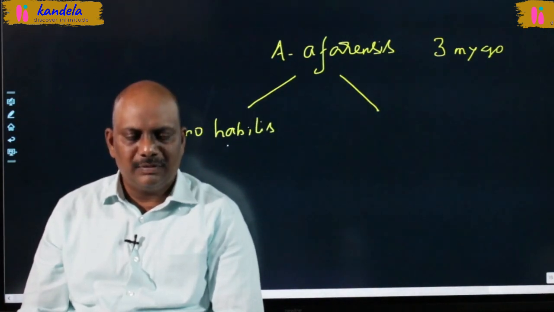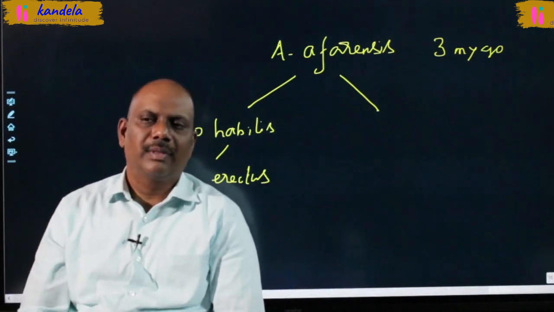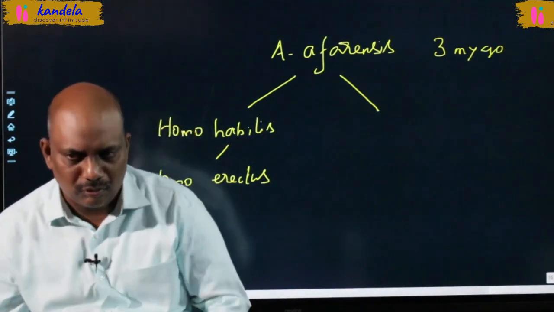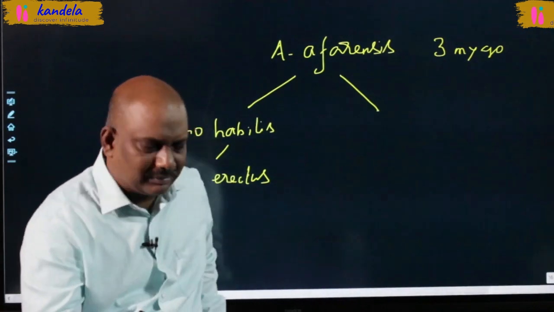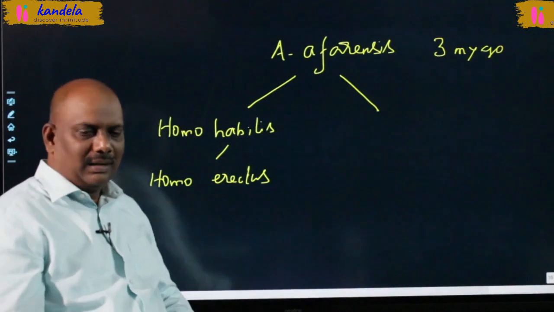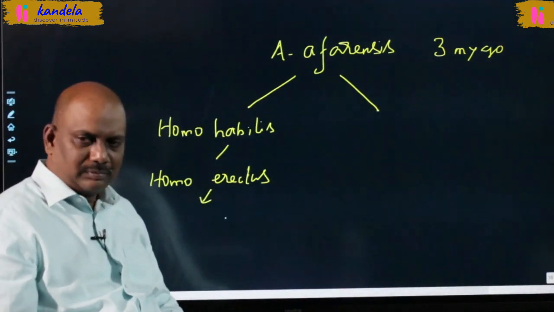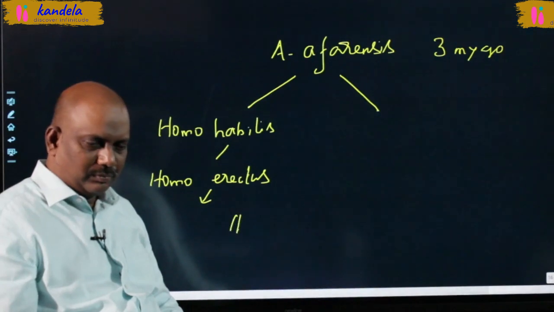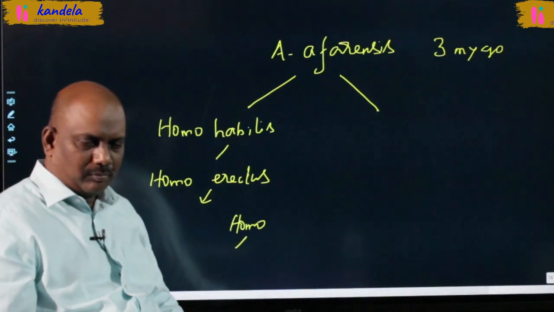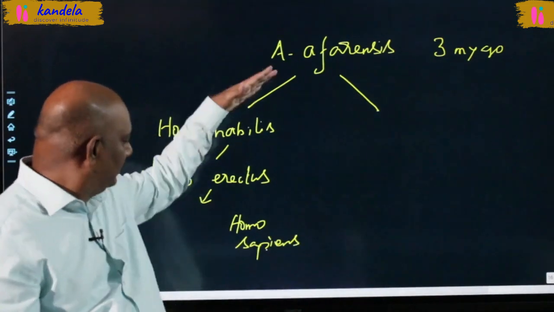The Homo habilis further evolved into Homo erectus. And the Homo erectus further evolved into Homo sapiens. That is this line.